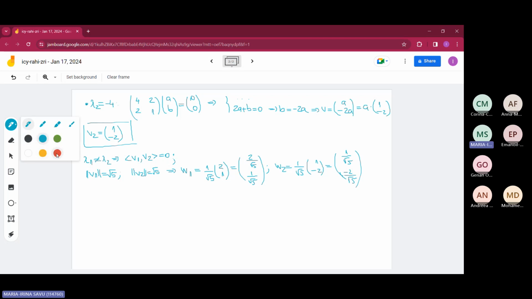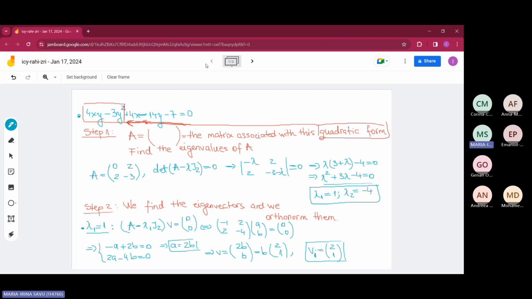And we have to go to step 3, where we have to do a rotation. Actually, from the beginning, you should notice if there is a rotation or not.